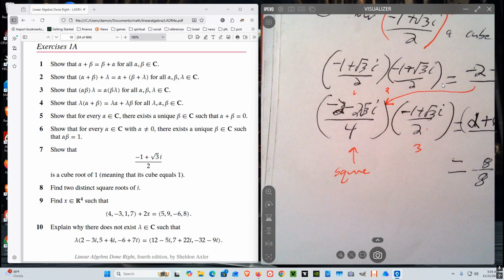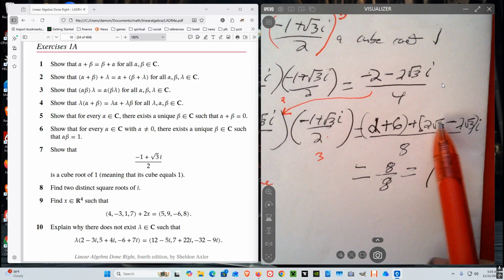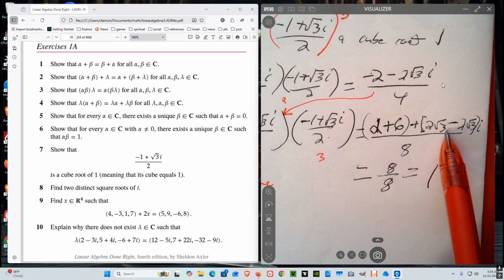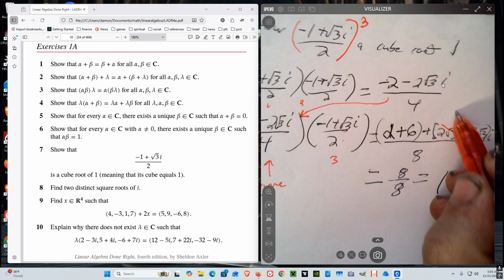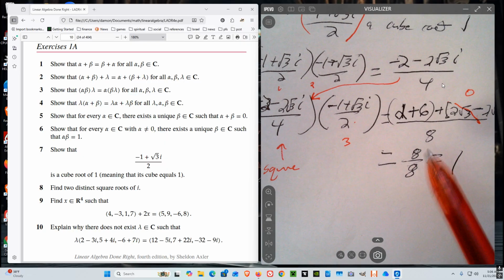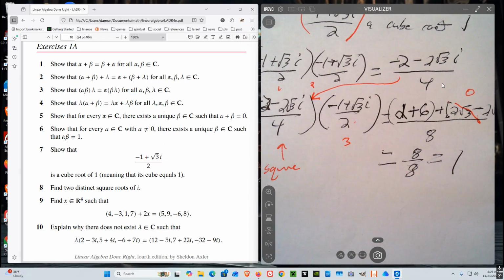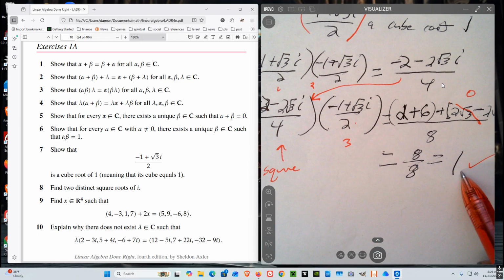So that's where you get 2 root 3 minus 2 root 3 over here. That's why this is going to add to 0. So you have 6 plus 2 plus 0, 8 over 8. And 8 divided by 8 is 1. So -1 plus root 3i over 2 is a cube root of unity, because when you cube it, it gives you 1.